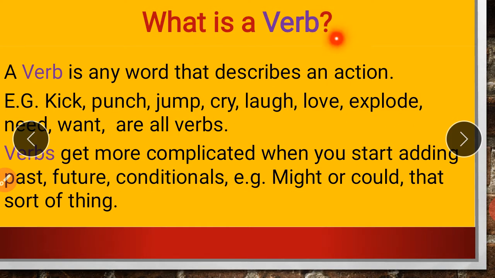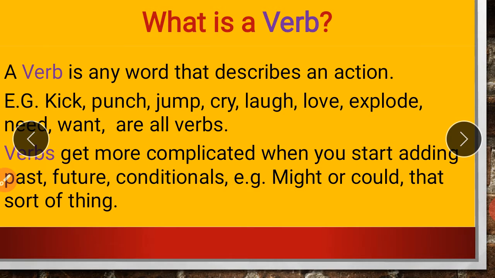And next we move to the verb. What is a verb? A verb is a word that describes an action. Examples I have given you: kick, punch, jump, cry, laugh, love, explode, need, want are all verbs. Many actions are considered verbs.